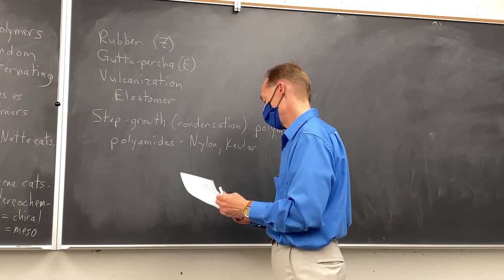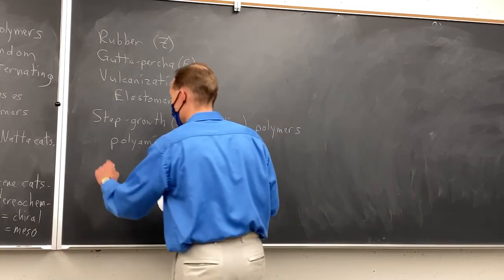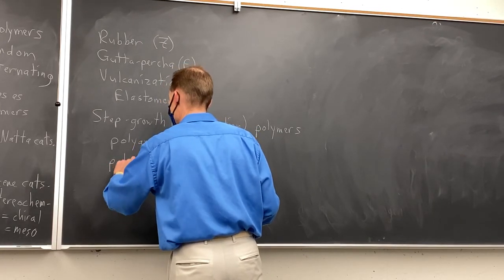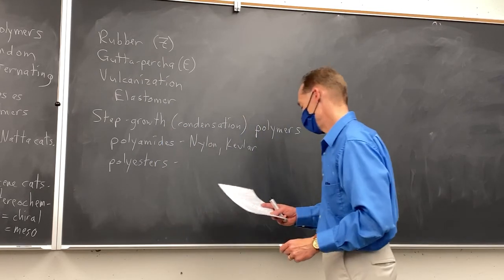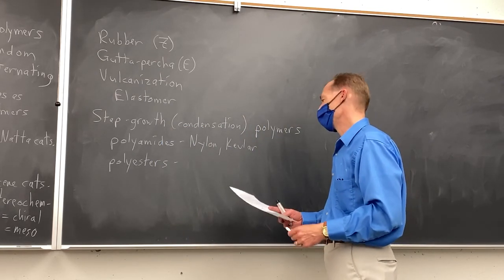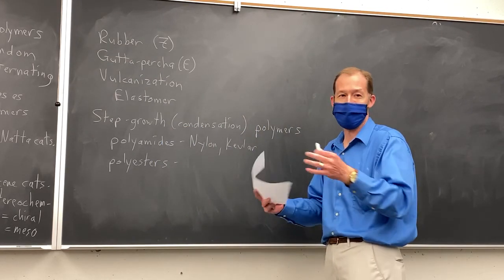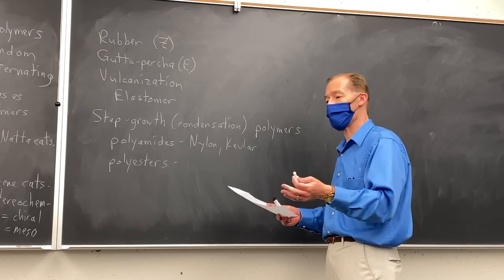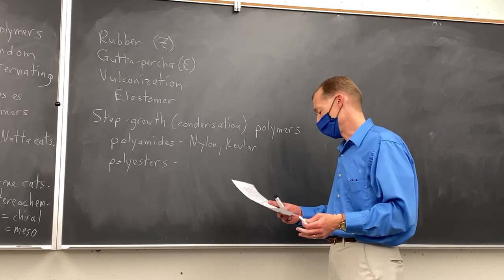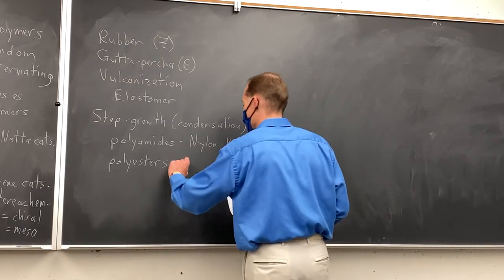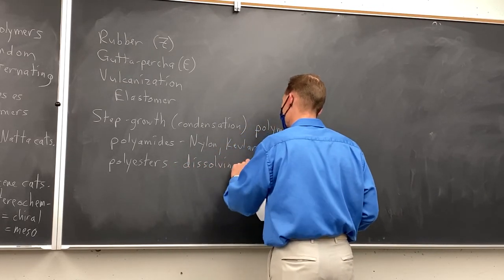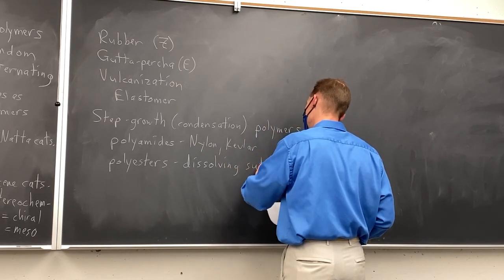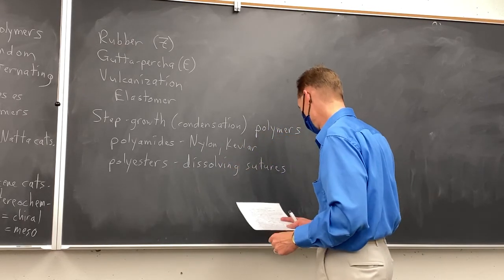Just being able to recognize that those are polyamides. We can have polyesters. An interesting thing, so polyesters are going to be less stable than polyamides because esters are more reactive than amides are. And so you can make dissolving sutures from polyesters. We'll talk about how that's done in class.